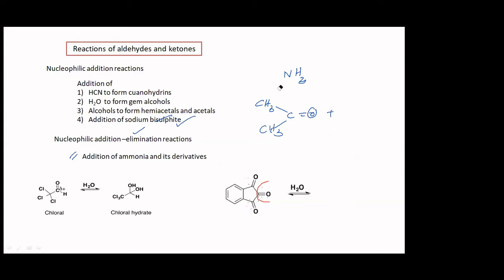If I take, say for example, CH3NH2, in this case this hydrogen goes away with this oxygen. So you should be getting this product, CH3. This is true for any carbonyl compound, N-CH3. This is called a substituted imine and it is called a Schiff's base.